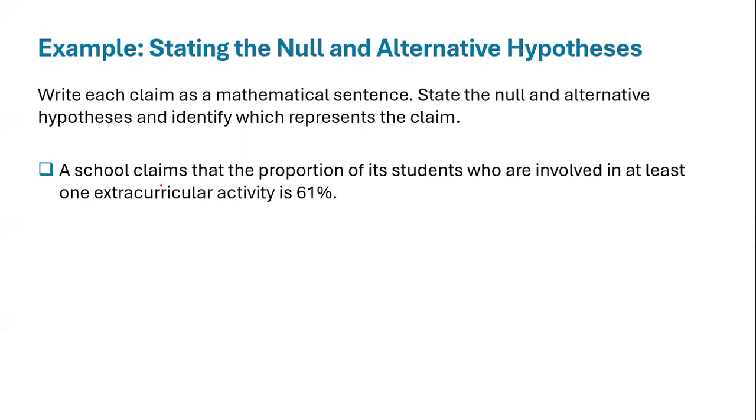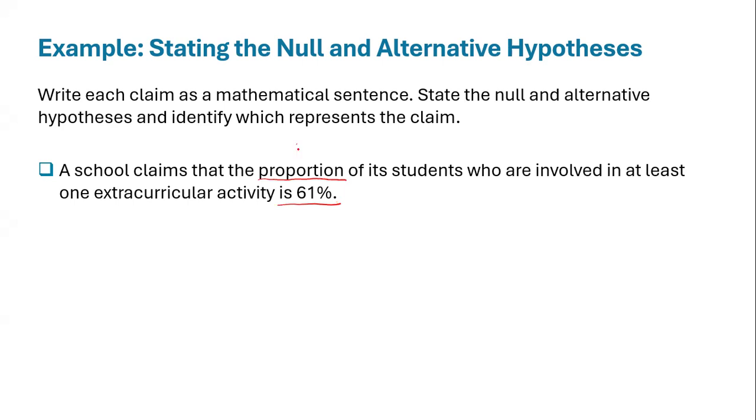The first one says it claims that the proportion of its students who are involved in at least one extracurricular activity is 61%. That's the claim. If I want to have a hypothesis test on this claim, I need to write the null and alternative hypotheses. The claim says that the proportion is 61%.